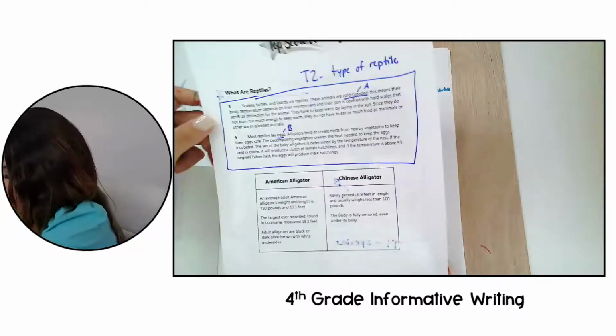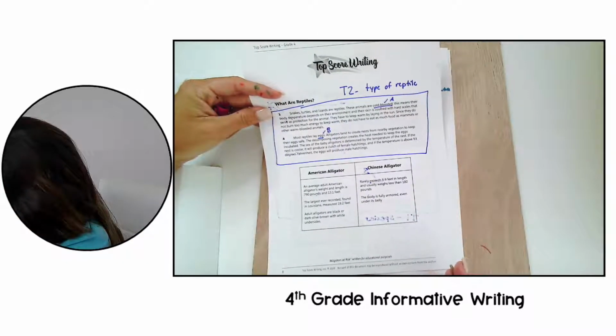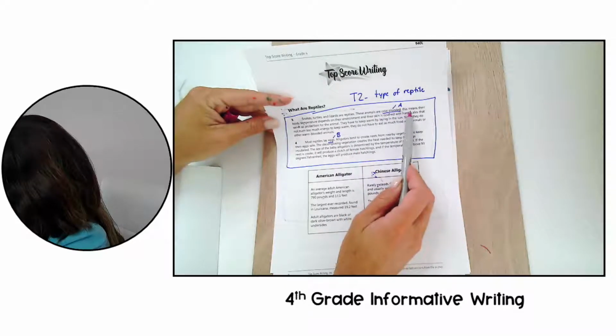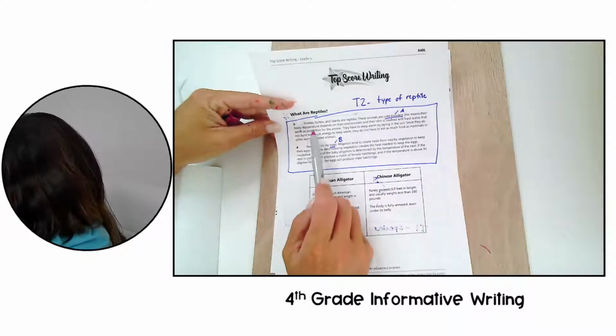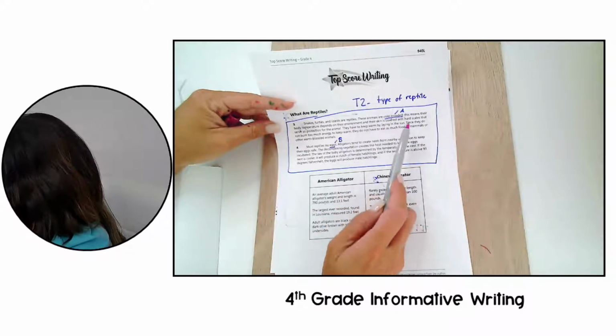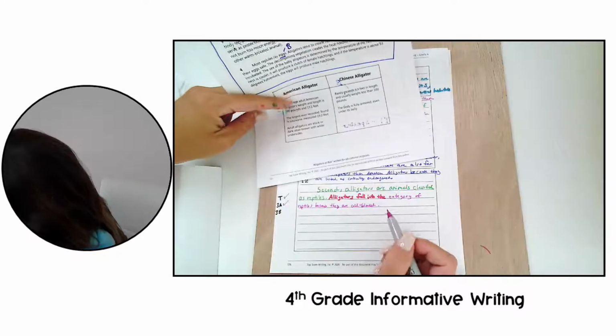Now I have to keep writing more about cold-blooded. Now I'm going to take this definition. Cold-blooded, this means their body temperature depends on the environment and their skin is covered with hard scales that serve as protection for the family. I'm going to put that in my own words.